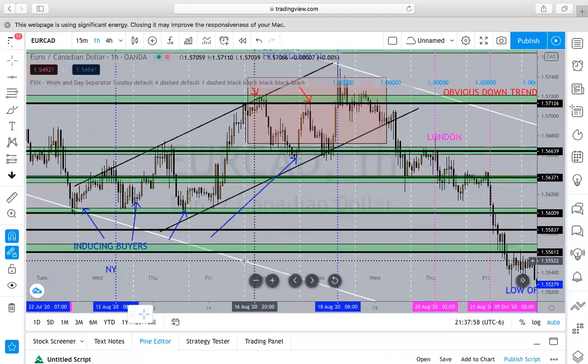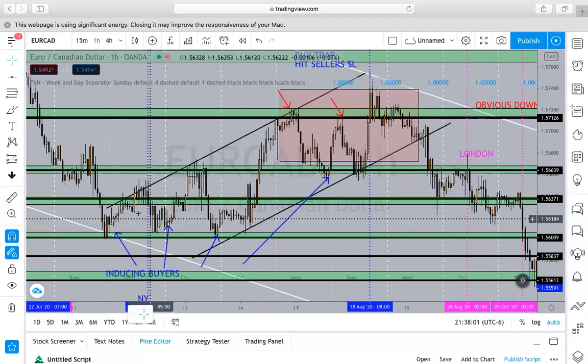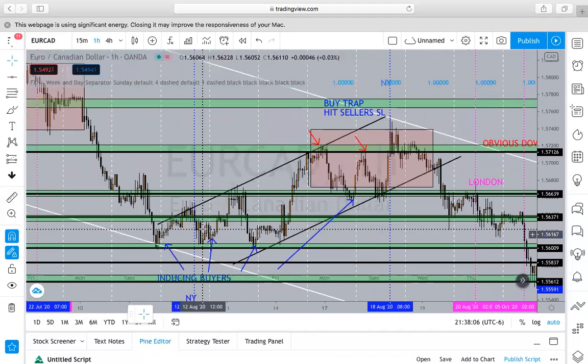They're inducing the buyers to buy. So all the buyers are buying, trying to get in, because they induce the buyers on the traps at the lows, because they know you buy low, you sell high. You sell at the highs, you buy at the lows, right? Sell high, buy low. So they're inducing buyers.